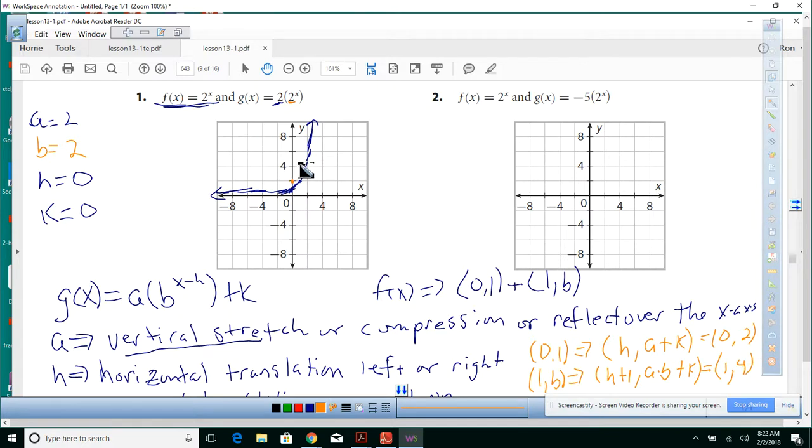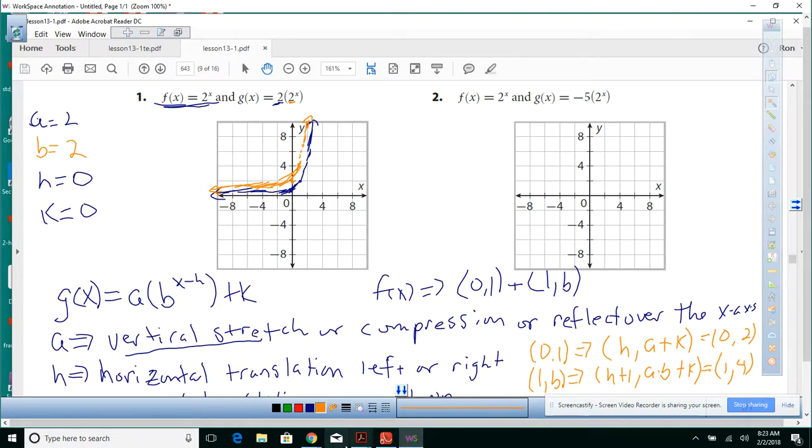So 1, 4 is going to be right there. All right, and then it's going to look something like this right here. And it looks like that. Well, anyway, all right. So there you go.